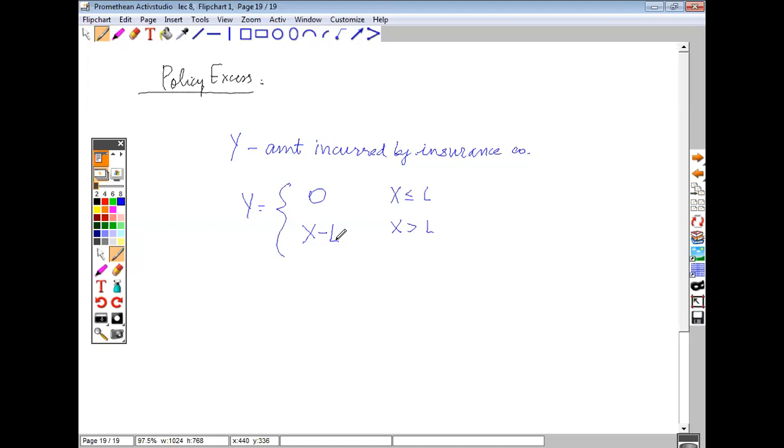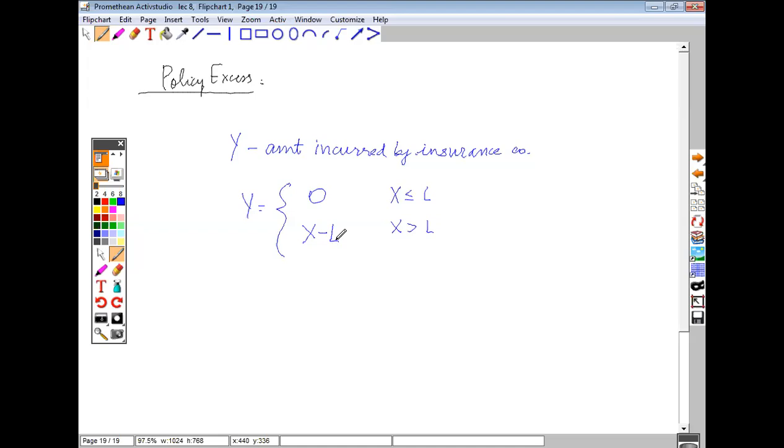Ma'am, I was saying the other way around. Yes, I know. The policy that you just described is one where they pay the entire X. Even that could exist; it just depends on how the insurance policy is drafted. There could be another policy where if the claim is less than or equal to L, they don't pay anything, but if it is greater than L, they pay X. There is nothing wrong in that.